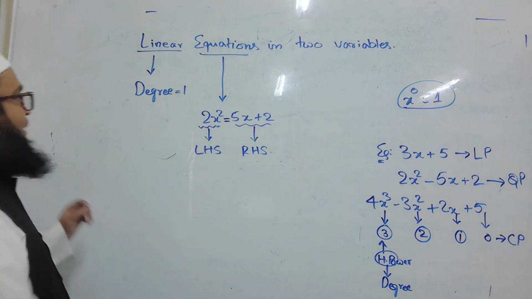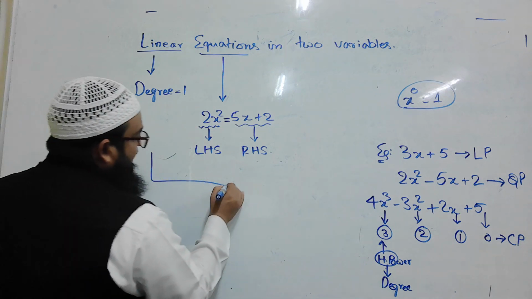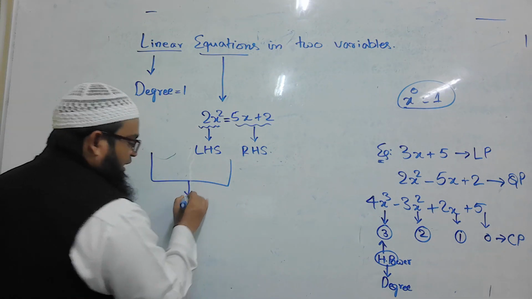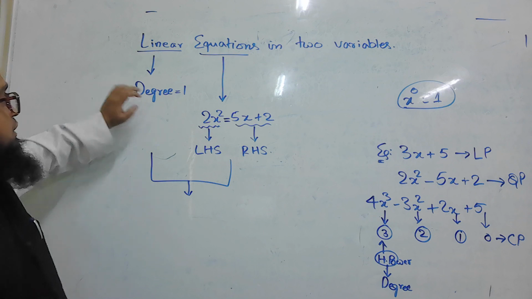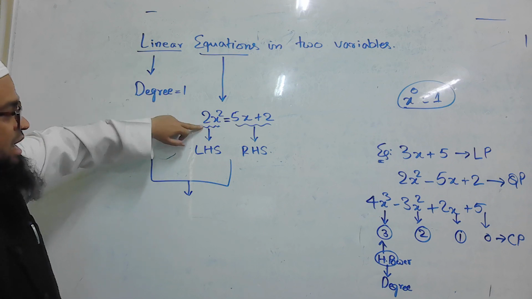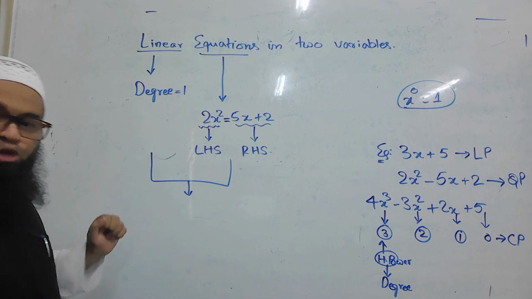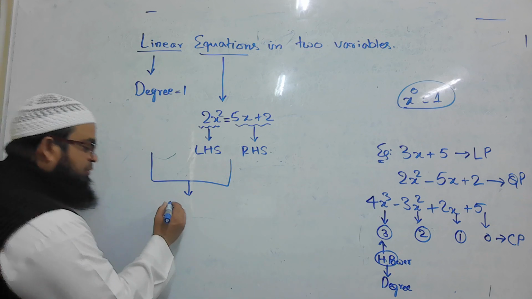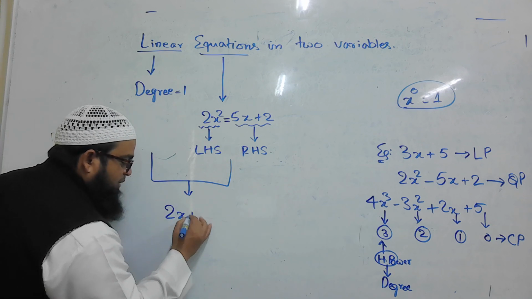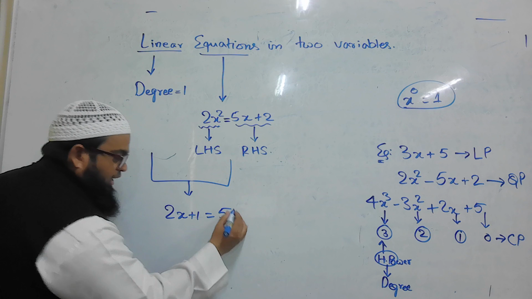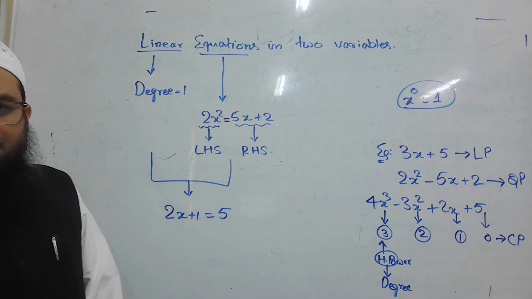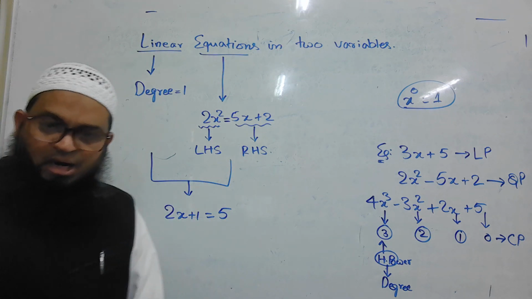Now when I combine these two, what will be a linear equation? The degree should be 1, but in our example the degree is 2. The degree should be 1 means it can be 2x plus 1 is equal to 5. This is an example of a linear equation. Am I right?